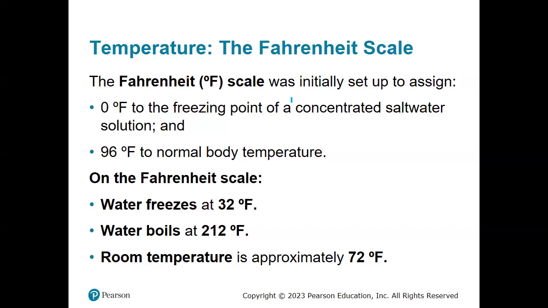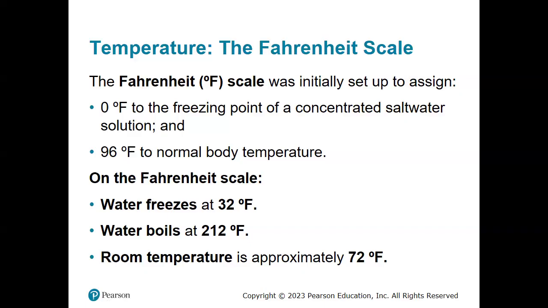The problem with the Fahrenheit scale, though, is a couple of things. First of all, it's defined on some really weird kinds of measurements. 0 degrees for the freezing point of salt water, 96 degrees for normal body temperature. Well, that's problematic for a couple of reasons. First of all, how concentrated is concentrated to give you that 0? And body temperature is 98.6 degrees, not 96 degrees.